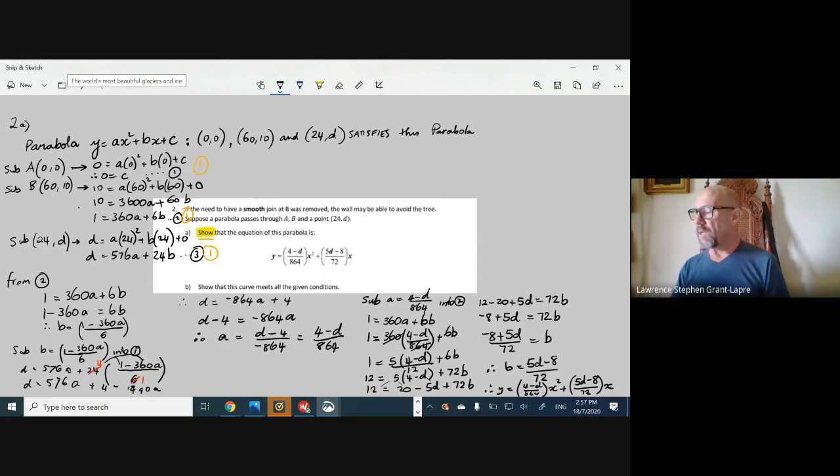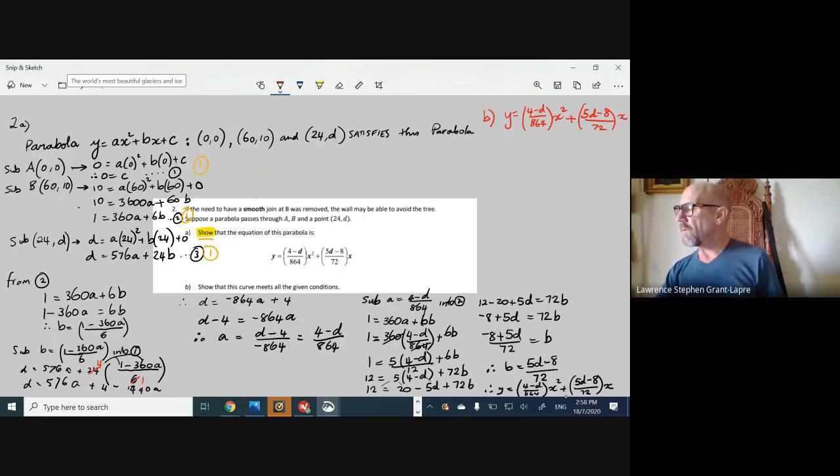Now, part B, show that this curve meets the given conditions. So we just have to show that the 3 given conditions work. So for part B, 0, 0 has to satisfy this parabola: 4 minus D over 864 x squared plus 5D minus 8 over 72 x.